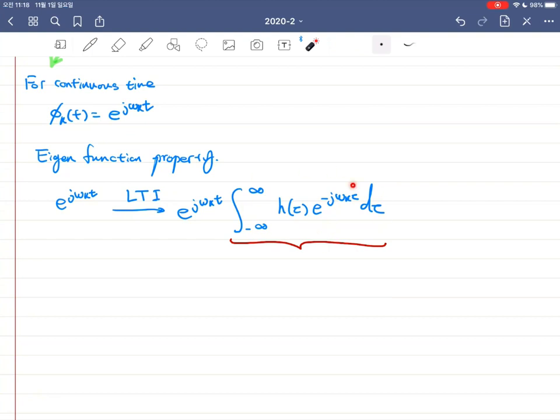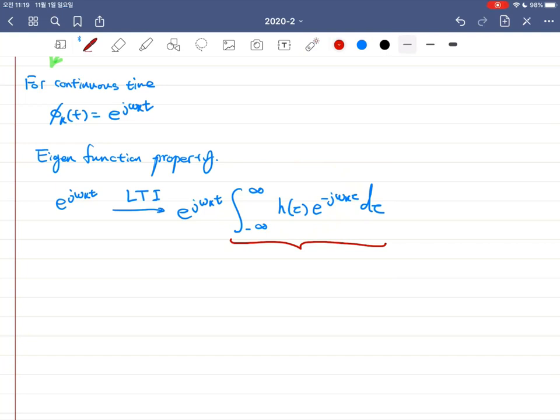So this integration is a function of omega k, right? Because this tau here vanishes after the completion of this integration. So only change in complex amplitude. Even though you process through this LTI system, you get the original function, original input, multiplied by the amplitude.